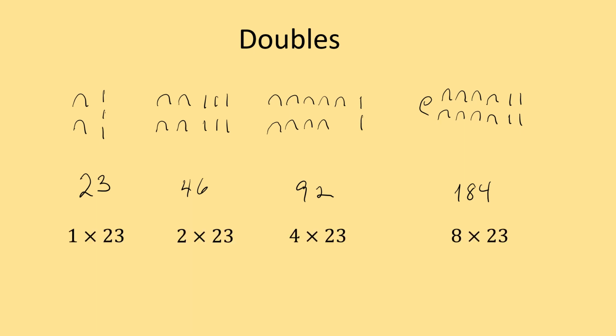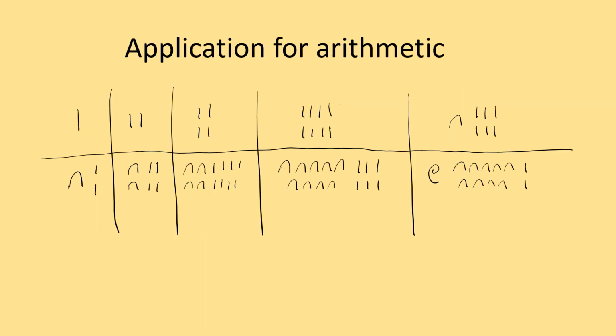So another way to represent this pattern or this product of doubles is to show it as the primary set of doubles times 23, or in this case, 1 times 23, 2 times 23, 4 times 23, 8 times 23, etc. So if we recognize that relationship with doubles, we can actually use doubles to find any and all multiples of any given numbers.